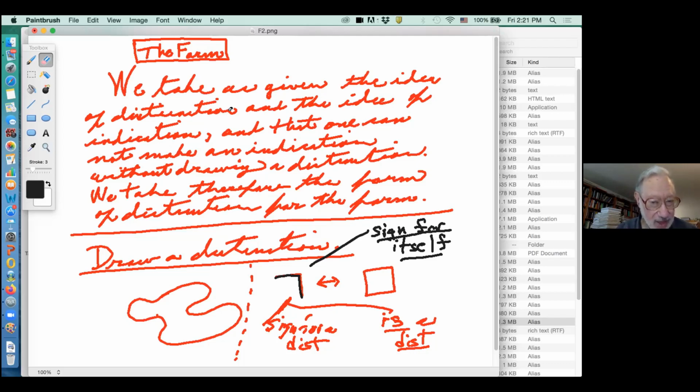But the sign for itself occurs at once from the beginning, if you take the beginning slowly enough to watch it happen. And so that's what happens semiotically before any mathematics has occurred in this situation.